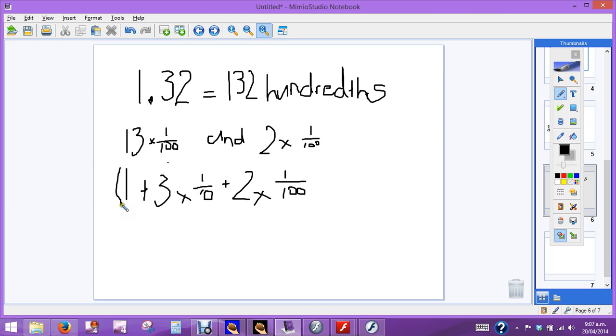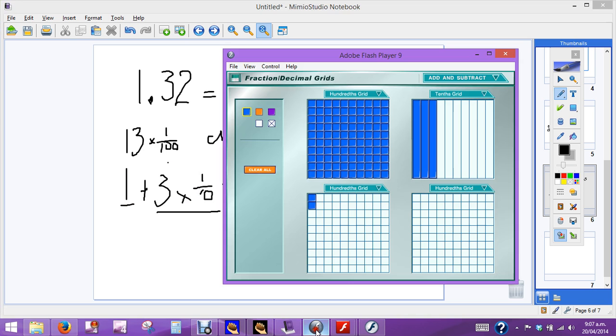So here I'm showing 1 plus 3 lots of a tenth plus 2 lots of 100th.